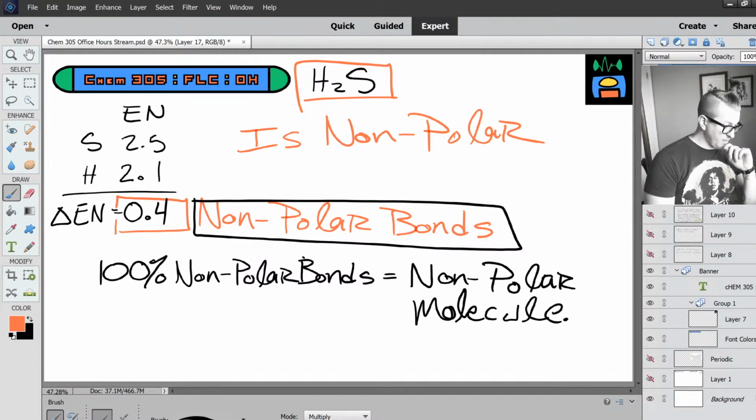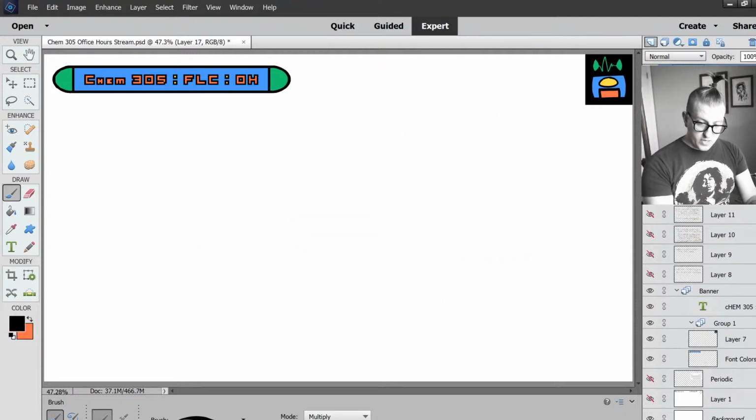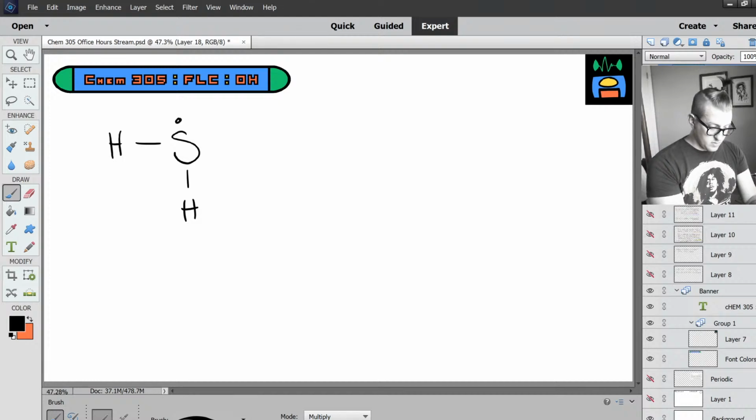Yes. Okay, yes. That is totally it. So H2S, which does have the same shape as water. So if we compare this to water, we have two molecules with the exact same shape.